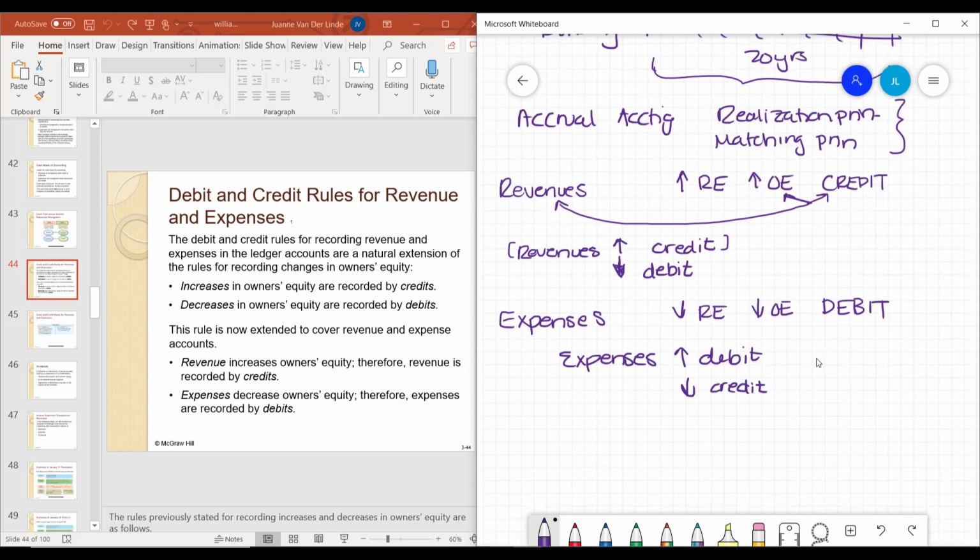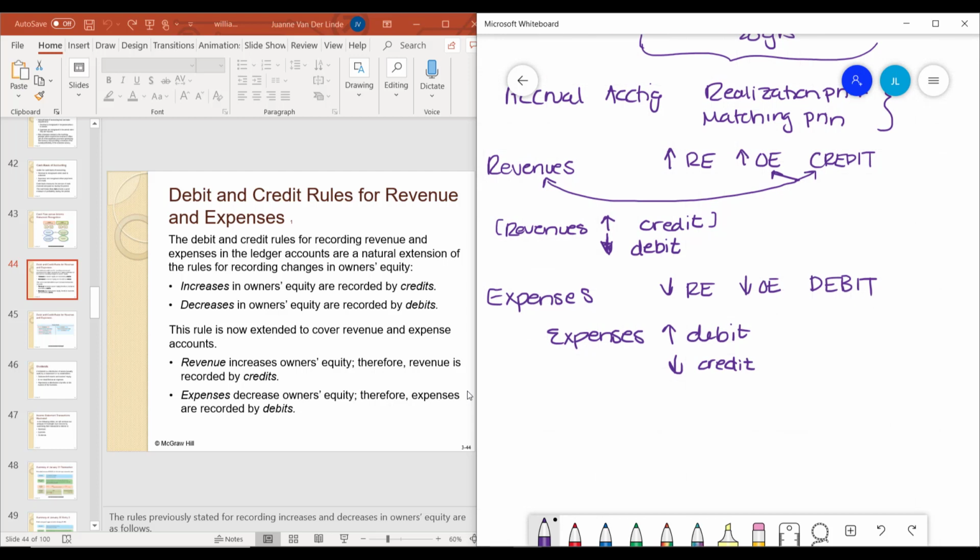And then what about dividends? Dividends do the same thing that expenses do. Dividends also decrease retained earnings, which means it decreases owner's equity. And we decrease owner's equity with a debit. So dividends, because it's payments out to owners, when they go up, we show that with a debit. And the opposite would be shown with a credit. Okay?